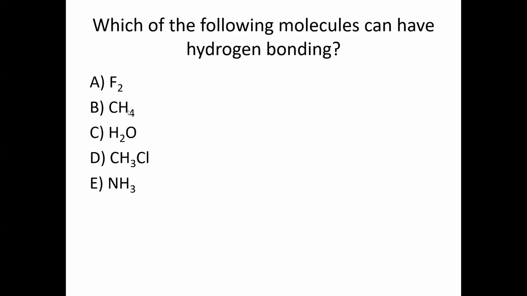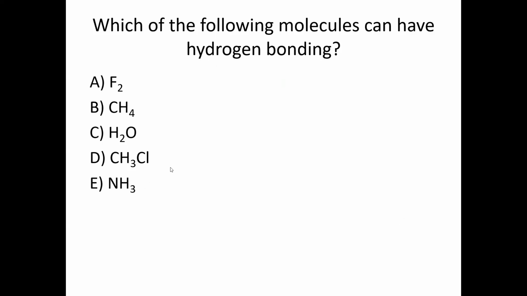What type of bond do you see in methane? Methane will form a covalent bond. Your water will be covalent. Your chloromethane also will be covalent, and ammonia would have a covalent bond in addition to hydrogen bonding.